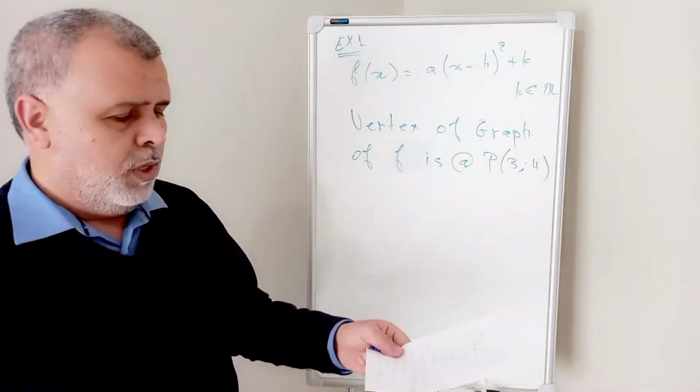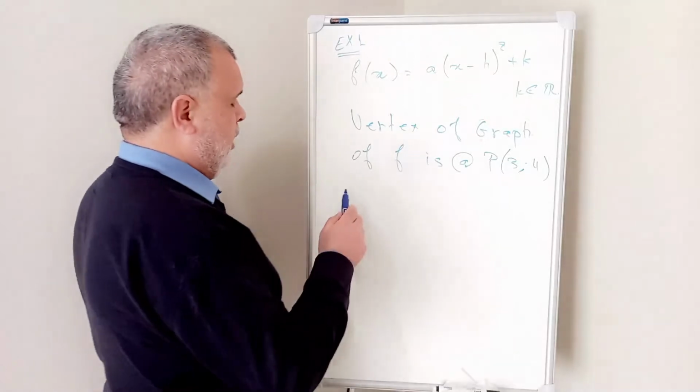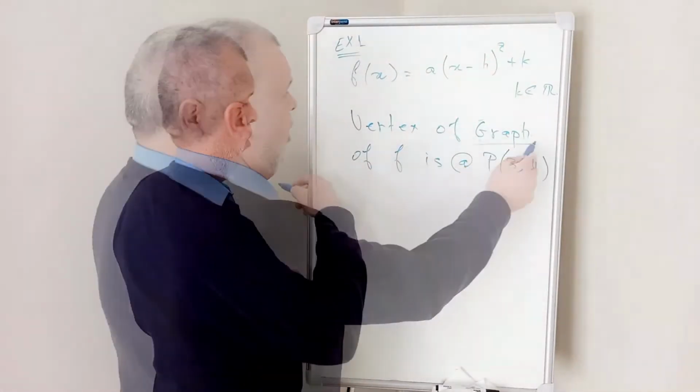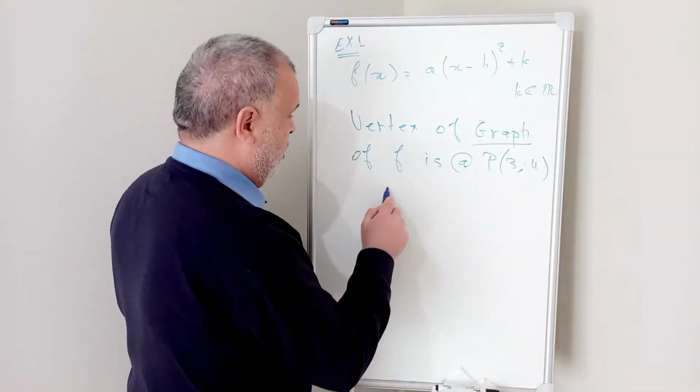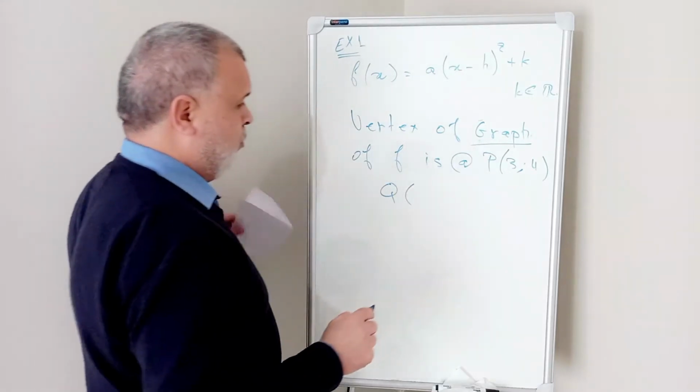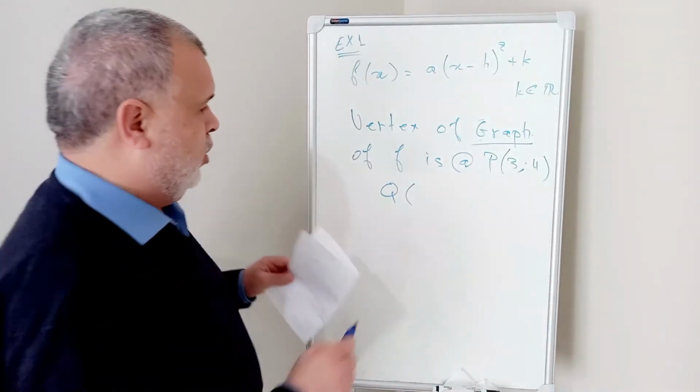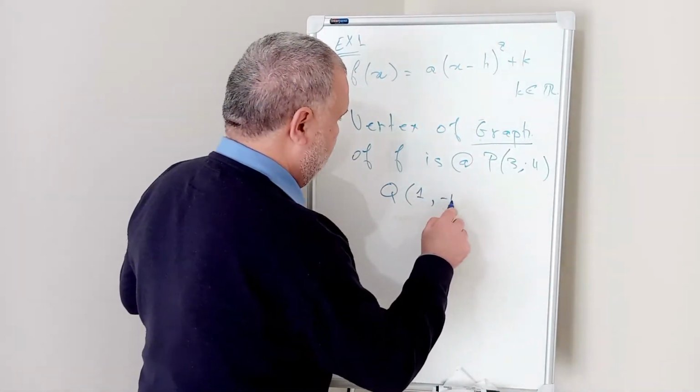At the same time, this graph passes through point Q with the coordinates (1, minus 4).